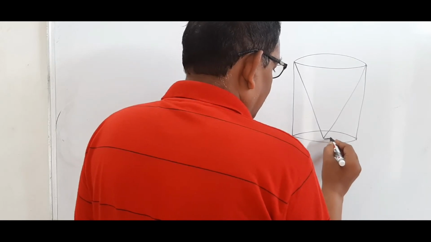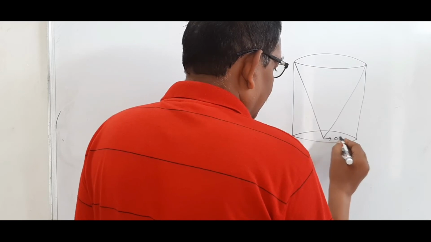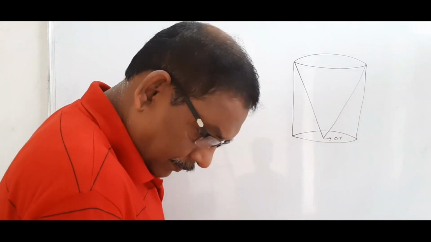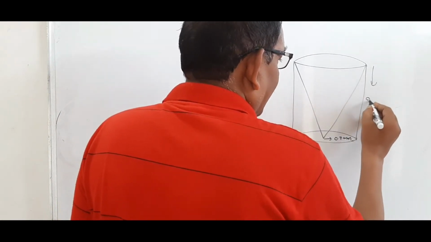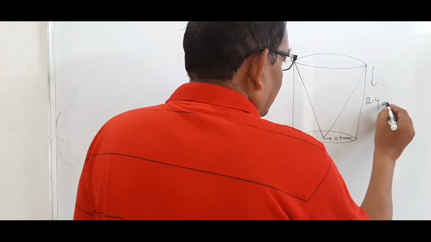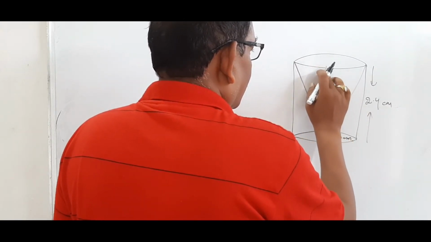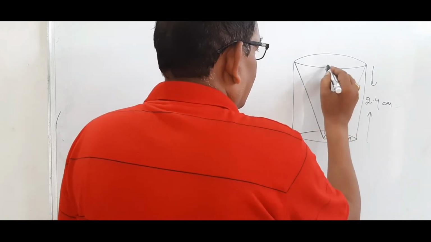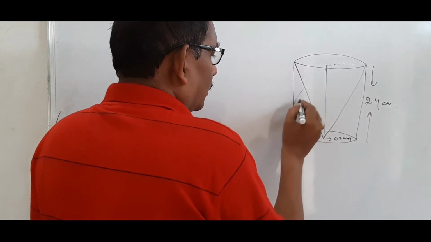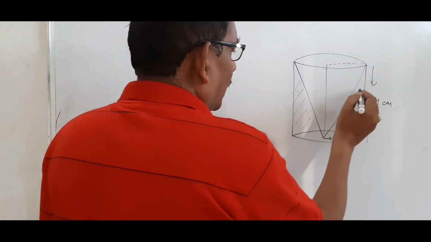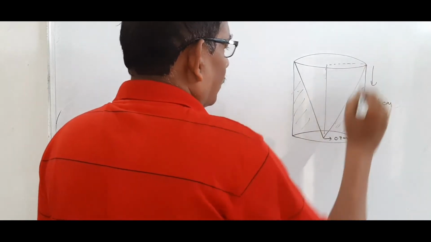The radius of the cylinder is 0.7 centimeter. The height of the cylindrical wood is 2.4 centimeter. So this part is hollowed out. Now calculate the total surface area after hollowing out.